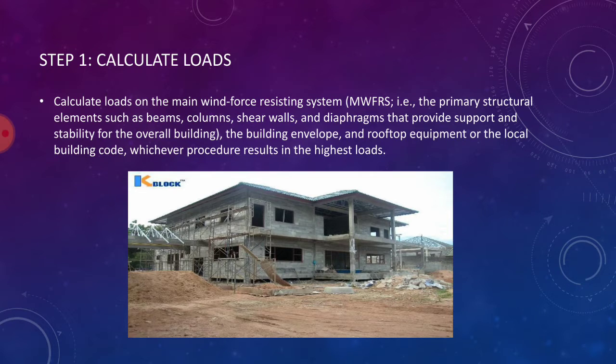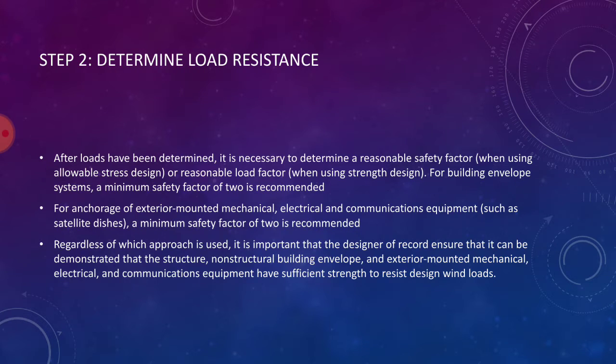So calculation of the loads is your first step. You want to know all the loads of your structural members, the dead loads, everything that incorporates this, in order to take this information to step 2, whereby you will determine the load resistance.